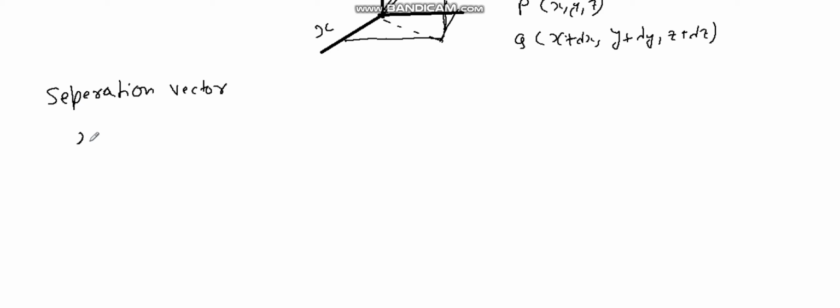It is represented by this R, and this R and this R are different things. This R represents the position vector, while this R represents the separation vector.